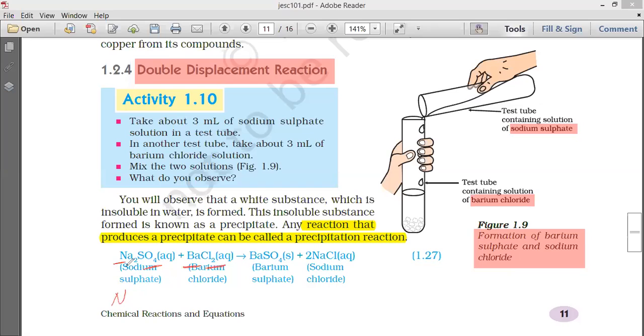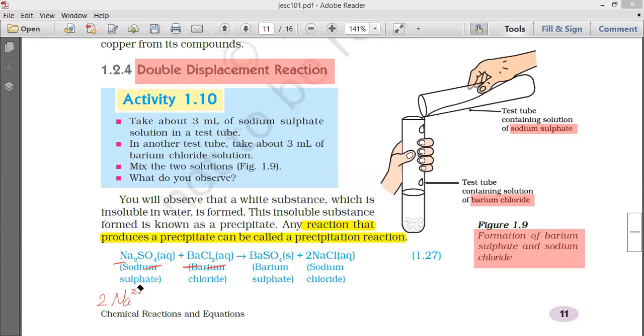Na, if we want to write down this into ion form, it becomes Na2 plus. So the Na2, valency of Na is 1 plus.